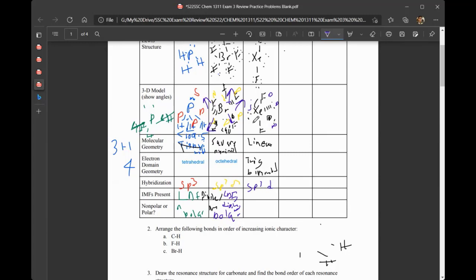Since it's a linear model, that vector goes there and that vector goes up here, so it's going to be nonpolar because those cancel out. And then that's going to be LDF, since it's nonpolar.